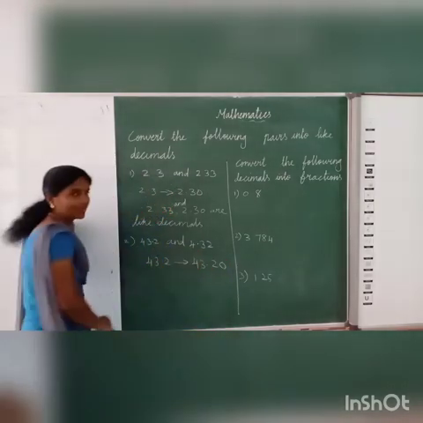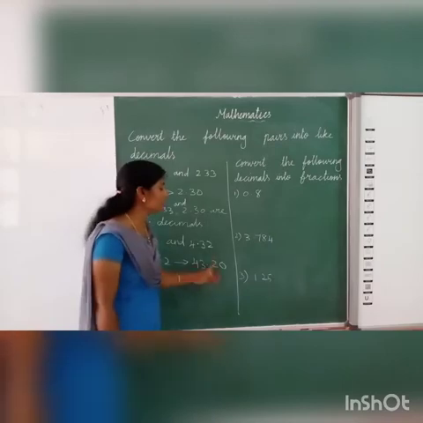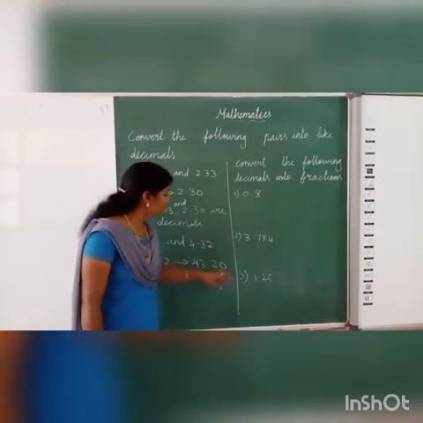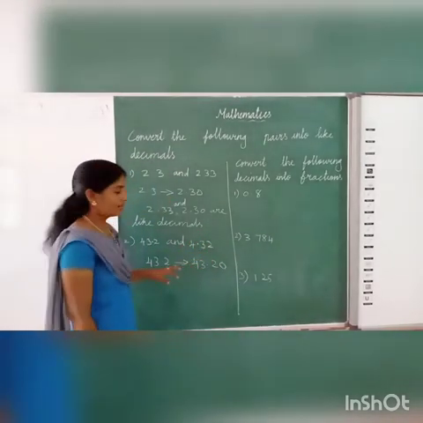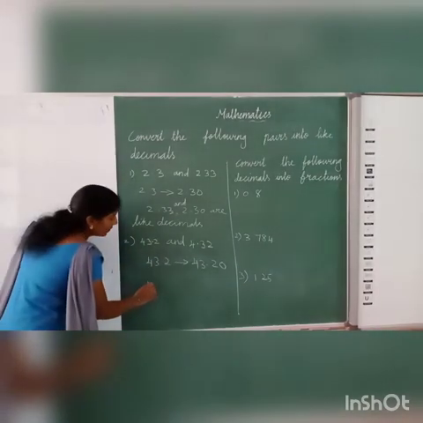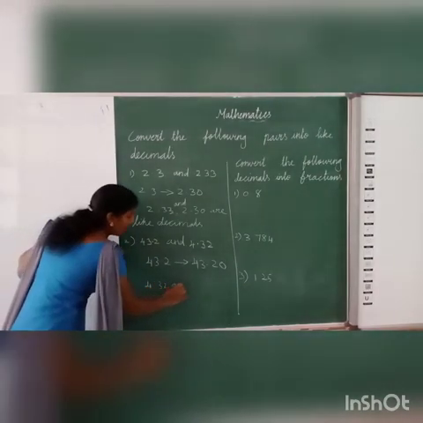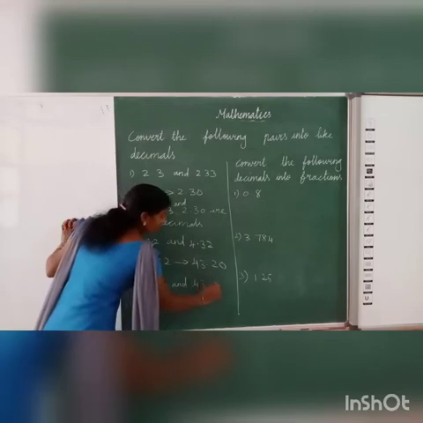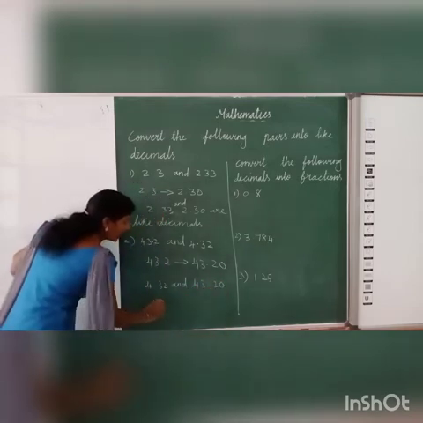Now 4.32. Now we can say 43.20 and 4.32 are like decimals.